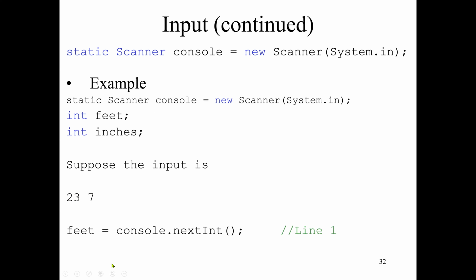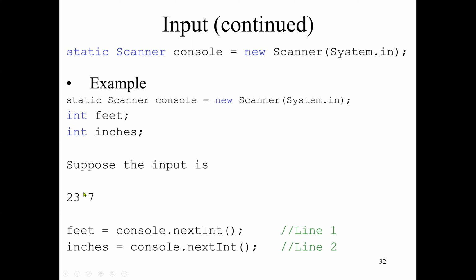Since 23 and 7 are integers or whole numbers, we are going to use the nextInt. So we use the scanner object console.nextInt, and this will allow us to use our keyboard to enter 23 into feet. And the next one, the same thing, console.nextInt. We enter the 7 into the inches variable.